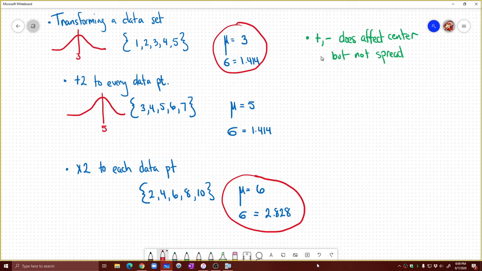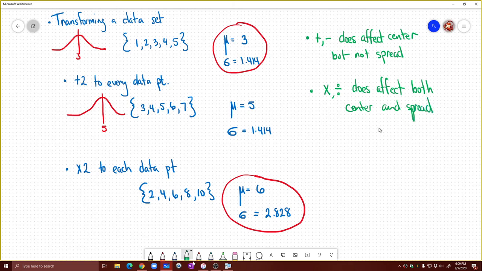So now multiplying and dividing does affect both center and spread.